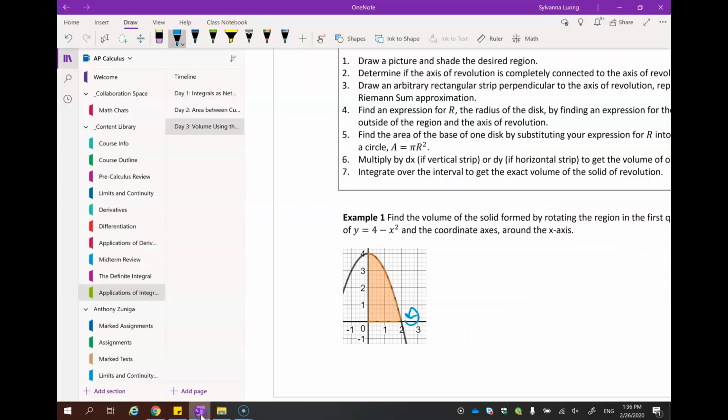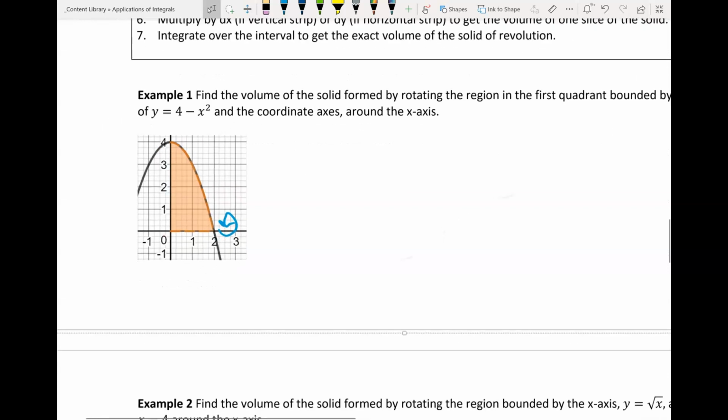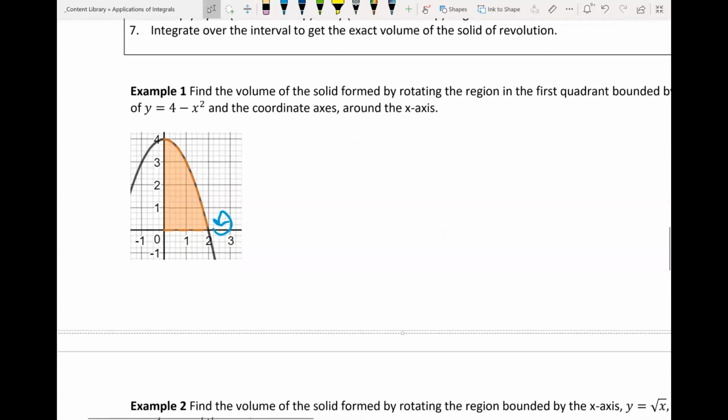Now going back to your notes, since we have a better idea of what we're trying to find, our first step is to draw a picture and shade in the desired region, and we already have a picture given to us, so we don't need to worry about that. Moving on to the second step, we want to determine if the region is completely connected to the axis of revolution, and it is, because it's attached to the x-axis.